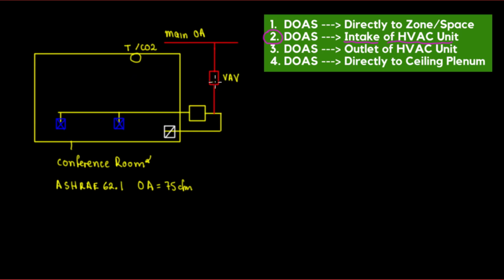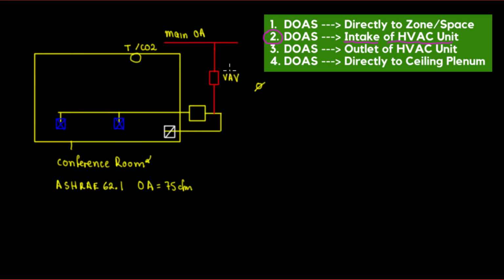So that way this VAV box, which is like a damper controlled, has positions from 100% to 30%. When it needs 100%, it's going to be fully open, and 30% is the minimum.